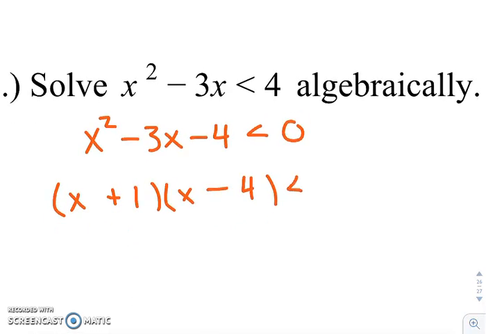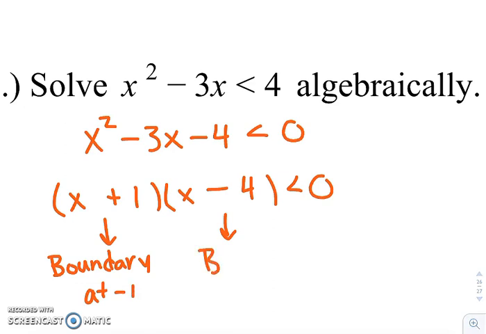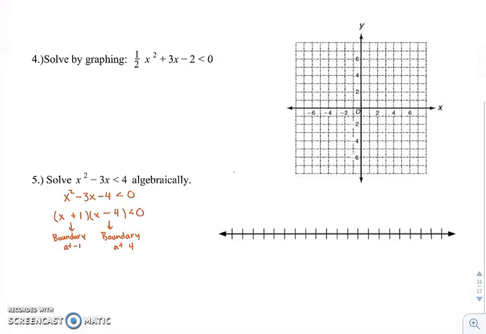So what happens, it's not necessarily x equals negative 1 and x equals 4, but we have boundary points at those values. So we have a boundary point at negative 1 and a boundary point at 4.